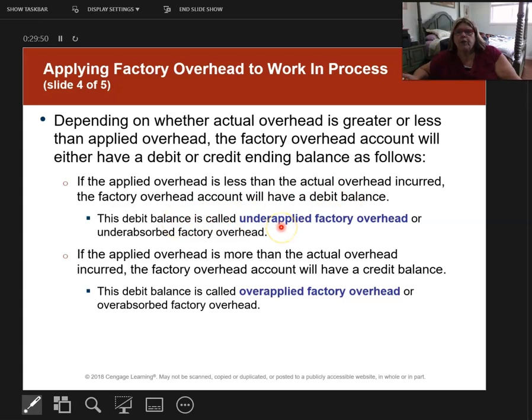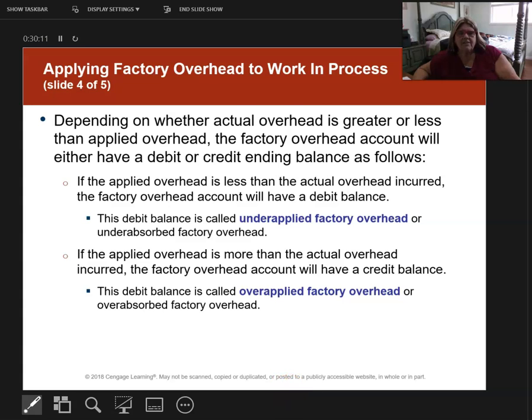That's called under applied. If the applied is more, in other words, the guess was more than I expected it to be, it's going to have, I'm sorry, this is wrong. One of them should say credit here. Okay, this should say credit. I'm sorry, it's a mistake. And I'll fix that. Over applied.